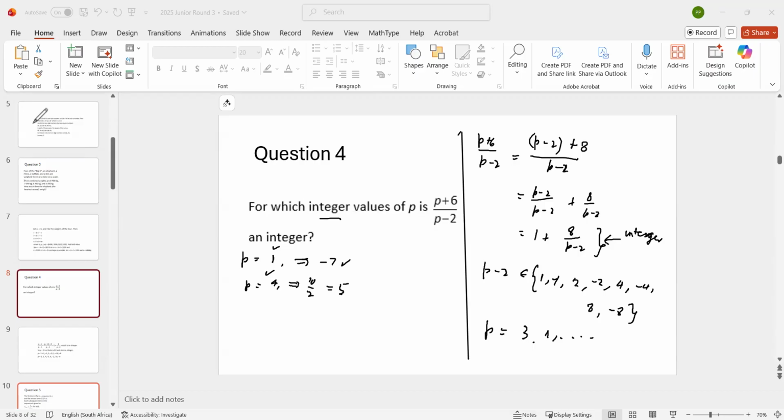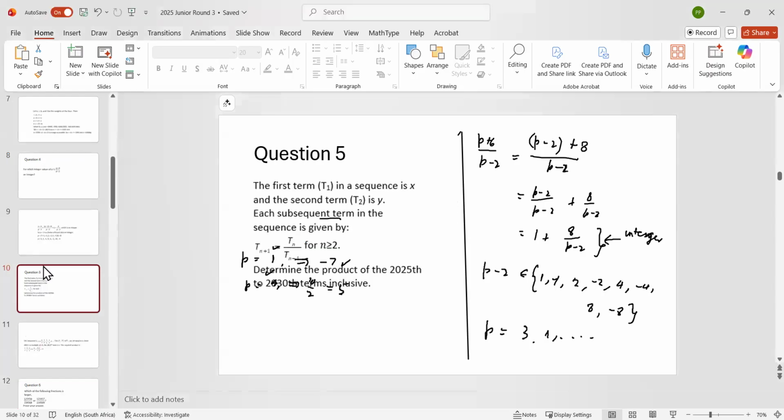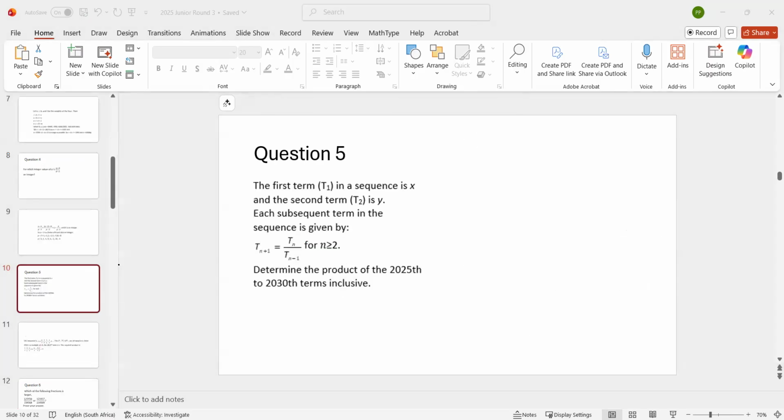Okay, so let's go on to question 5. Now, question 5 says the first term in a sequence. So you got some sequence.